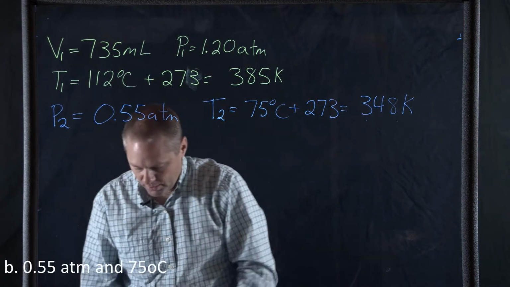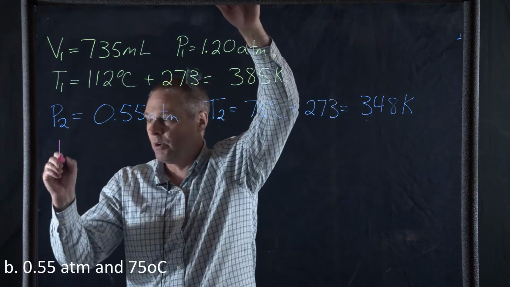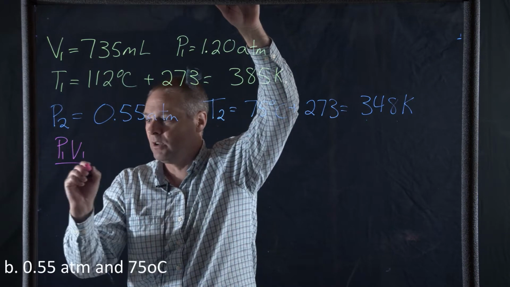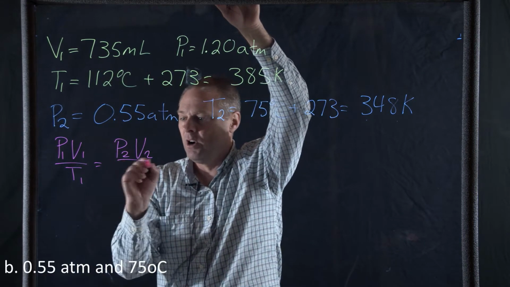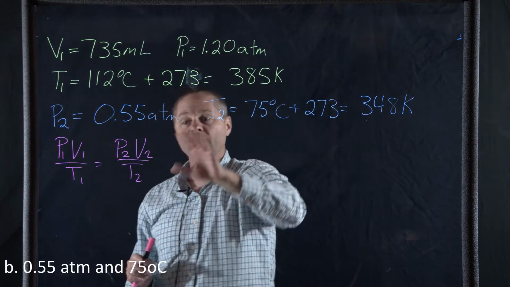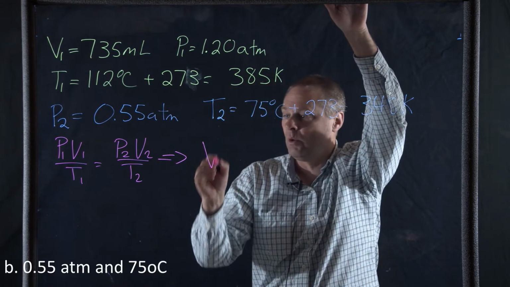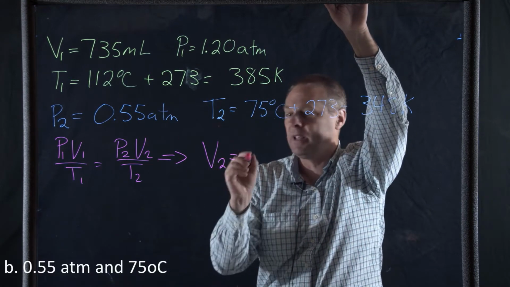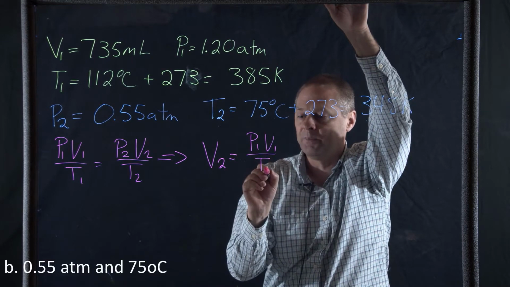Now, if you recall the equation we used, we're going to use the exact same equation as before: P1 V1 all over T1 is equal to P2 V2 all over T2. And once again, we're going to be solving for V2. If we solve this equation for V2, V2 is going to be equal to P1 V1 over T1.